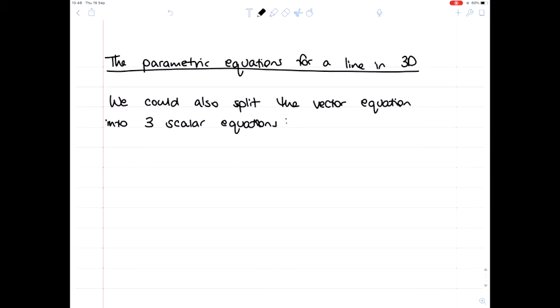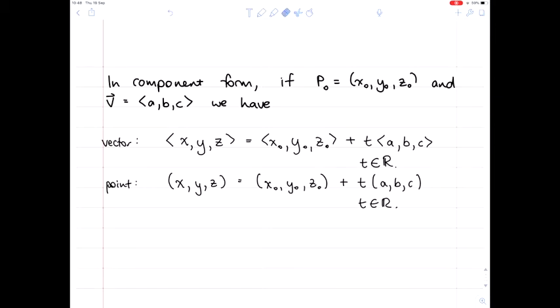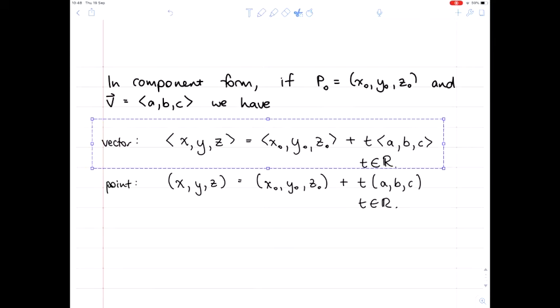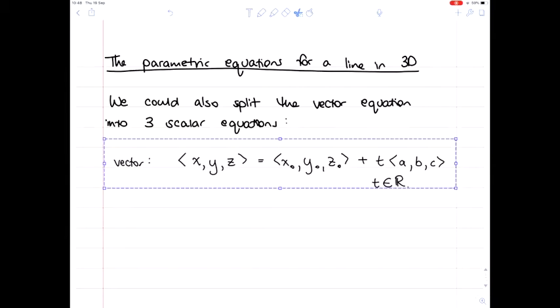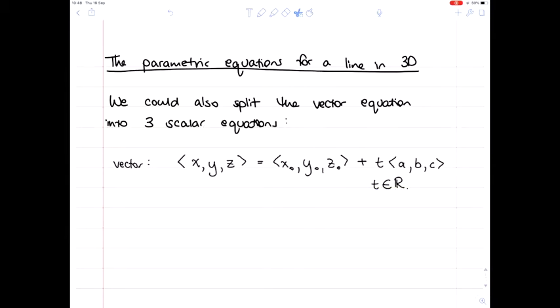For example, we can split our vector equation into 3 scalar equations. If you recall, our vector equation over here looked like this. Well, we can split this up into components, so we can take the x component of each of these things, and that will give us one equation, which tells us how to find x: x is equal to x naught plus a times t.